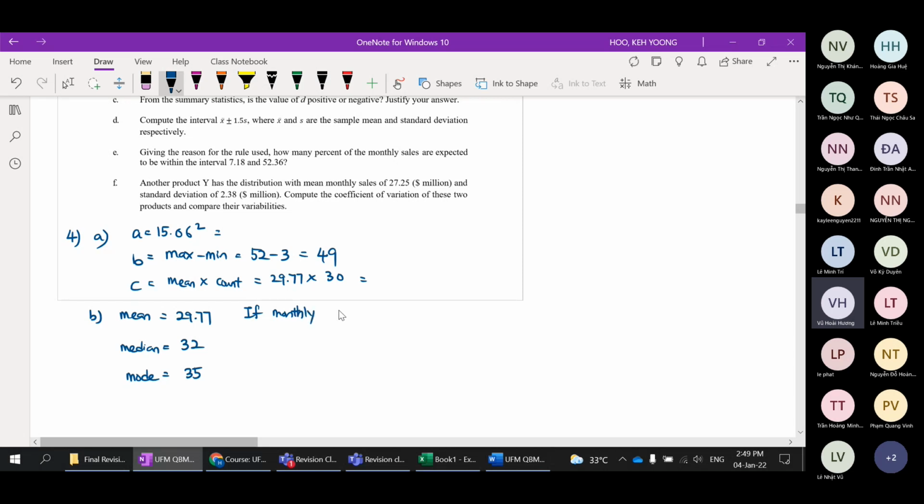Because this is about the monthly sales, if the monthly sales for all the 30 outlets are the same, each outlet has monthly sales of $29.77 million.